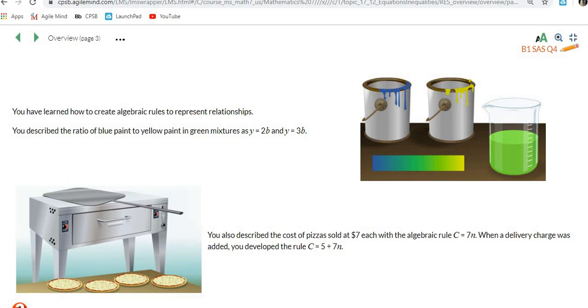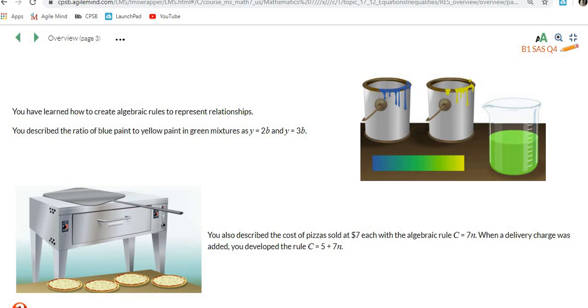We looked at 2 equations, y equals 2b and y equals 3b. What do you think y stood for here? Yellow, and b stood for blue, and that's what made the green paint. So you can write those 2 down for number 4: y equals 2b, y equals 3b.